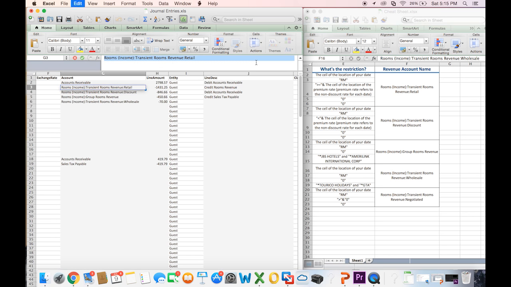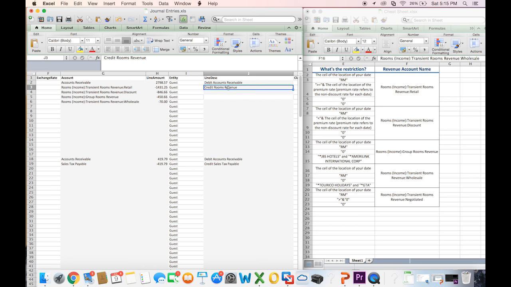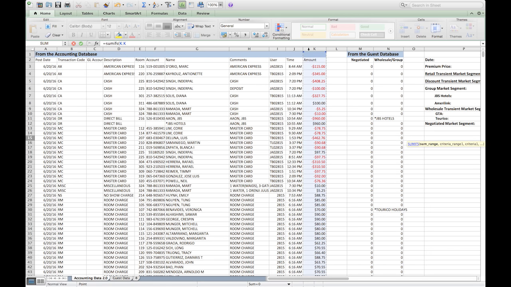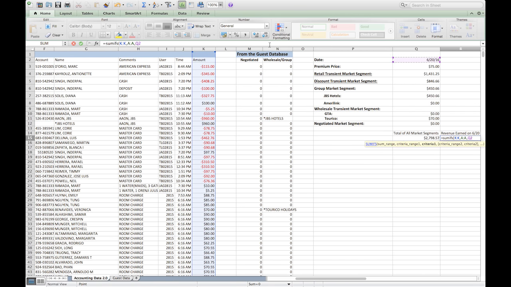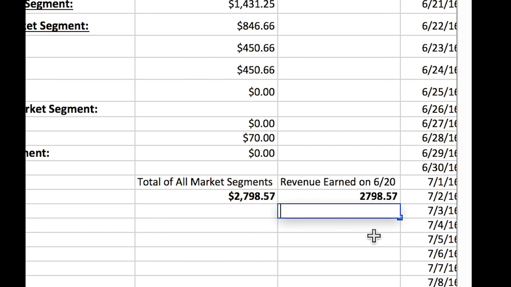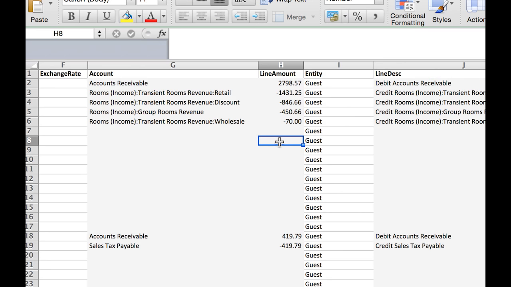A great way to check your work is that the total amount you make for the day, when you restrict to only the room charge and the dates like you did last week, should equal the total of the different market segments.